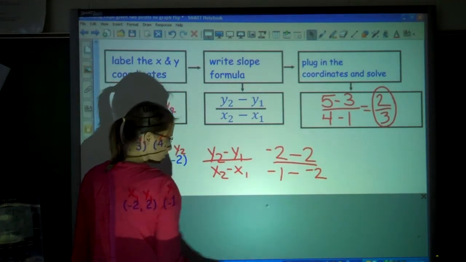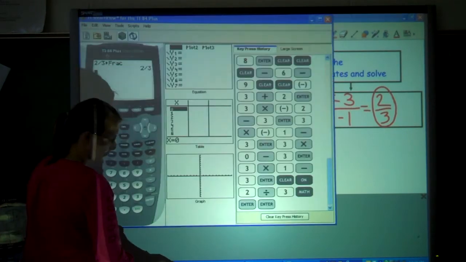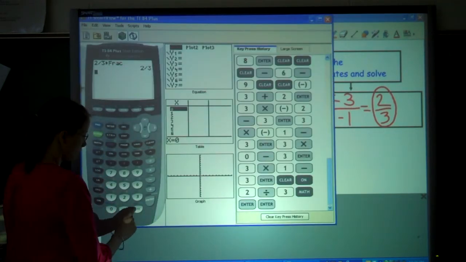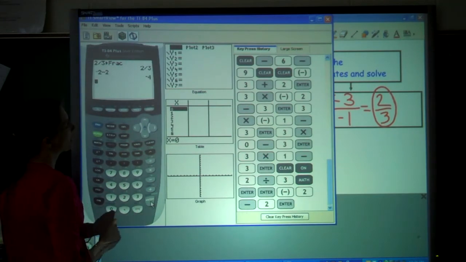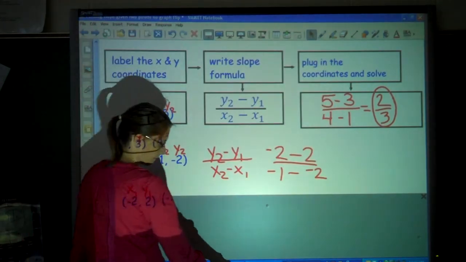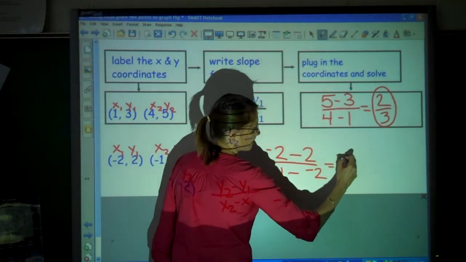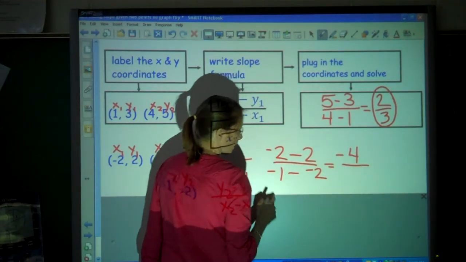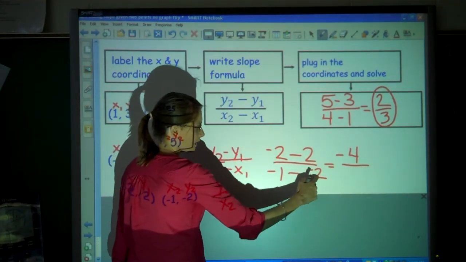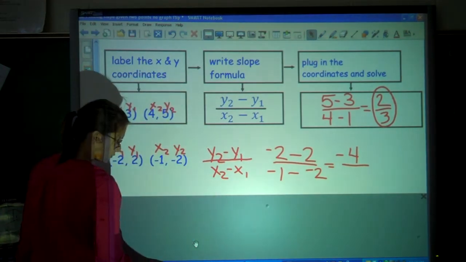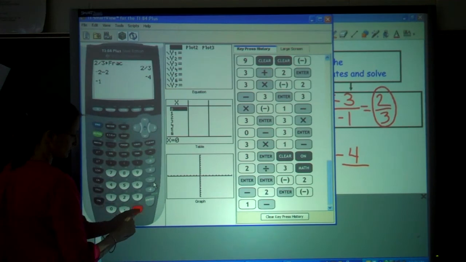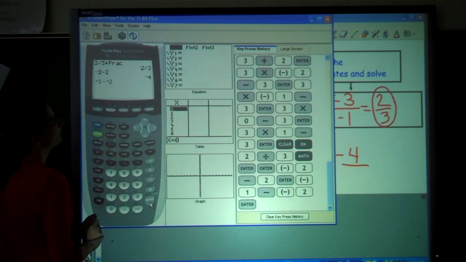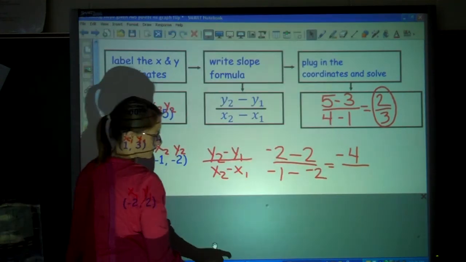Negative 2 minus 2, I can put that in my calculator if I forget my integer rules. Negative 2 minus 2 is a negative 4. And negative 1 minus negative 2, in case I forgot my integer rules, is a positive 1.